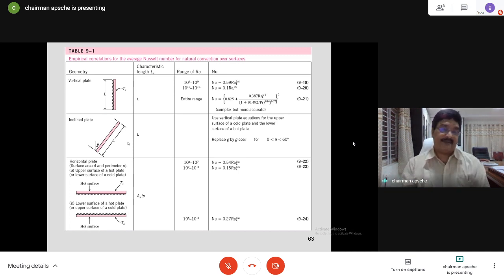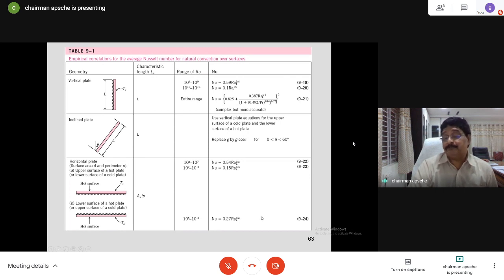Remaining things same. So I told you, upper surface of a hot plate and lower surface of a cold plate are favorable. Lower surface of a hot plate or upper surface of a cold plate are unfavorable. So therefore, you see, the heat transfer, same equations here. Nusselt number is almost 50% of the earlier one. That's because it is 0.54 into Rayleigh power 1 by 4, whereas it is 0.27 into Rayleigh power 1 by 4.